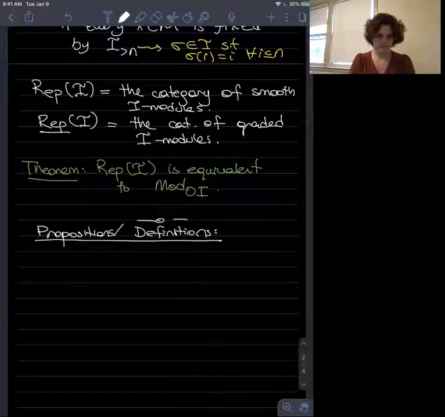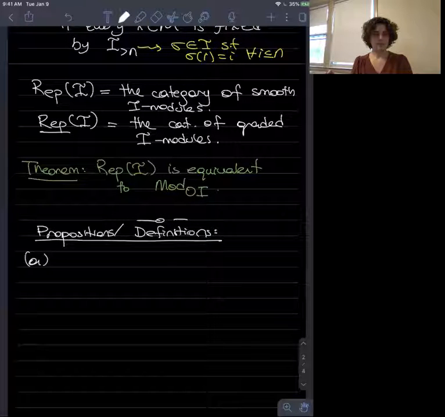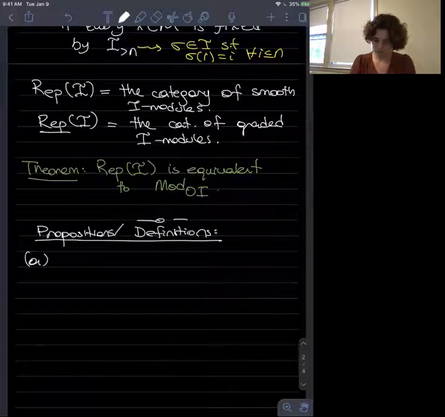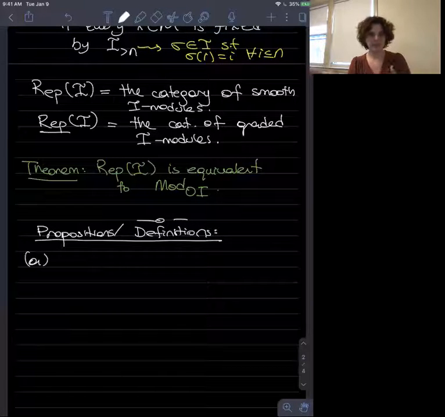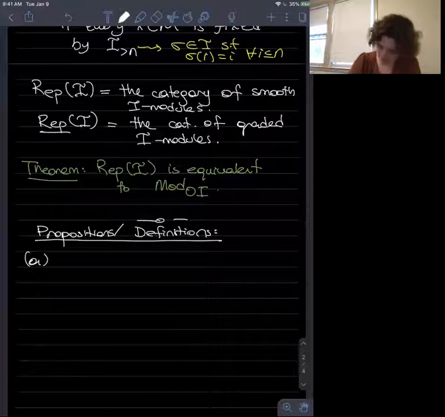Okay, so first we will define a one-dimensional model, like graded module. But again, you can drop the line and just imagine the smooth versions as well, right?